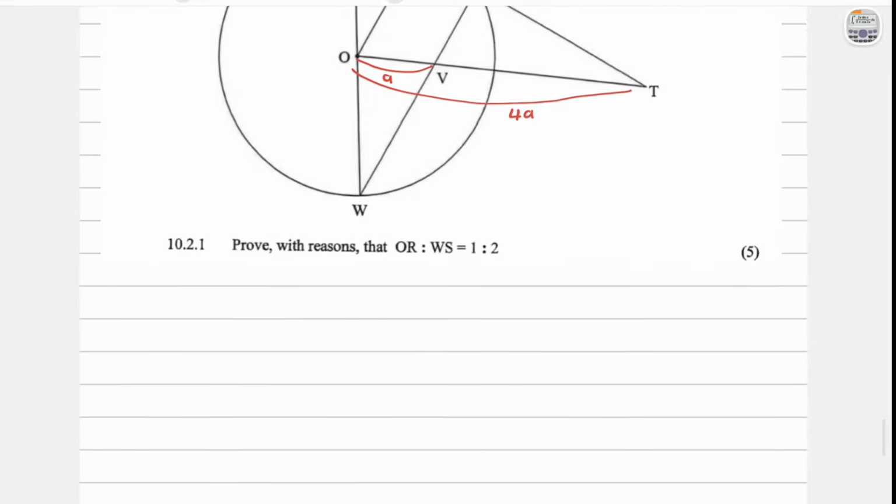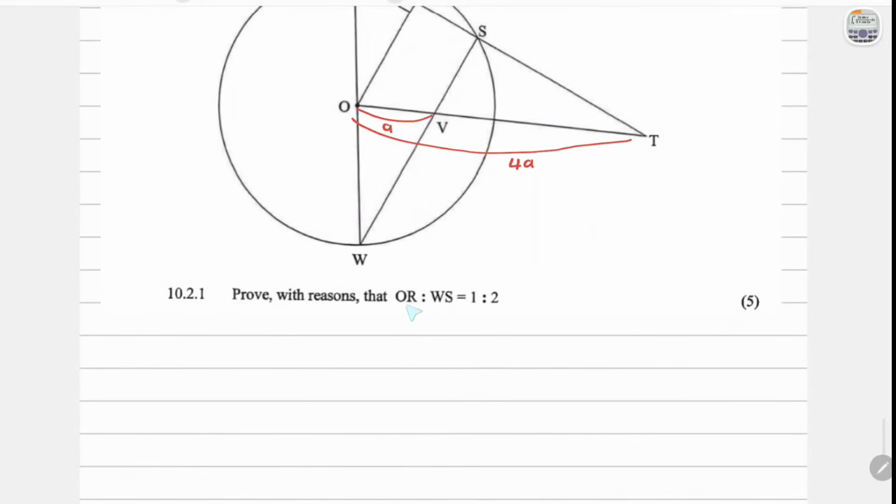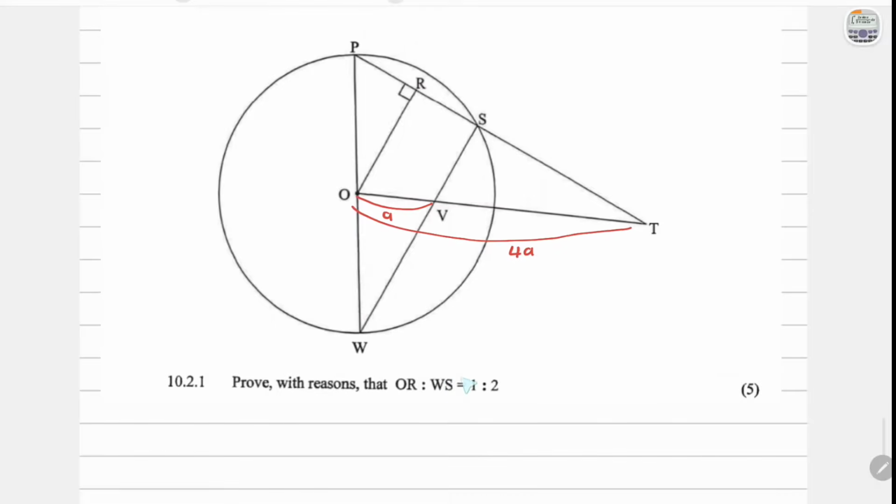It's very important to put those kind of things down so you don't forget that you actually did have ratios before. Okay, the first question is, prove with reasons that OR is to WS is equal to 1:2. As you can see, they're using properties of lines that come from this triangle. That is a very important ratio to think about.